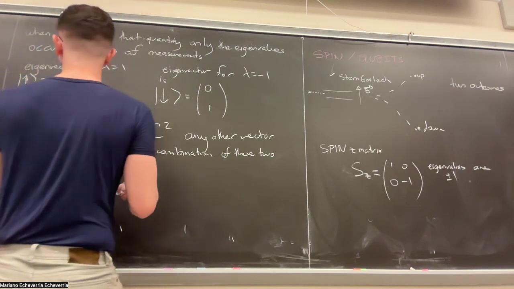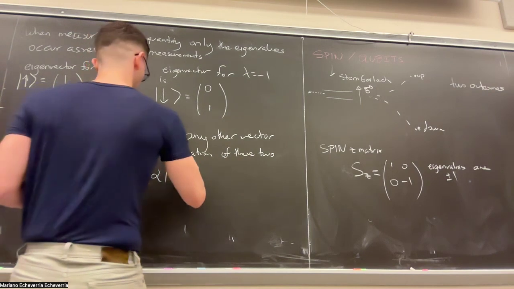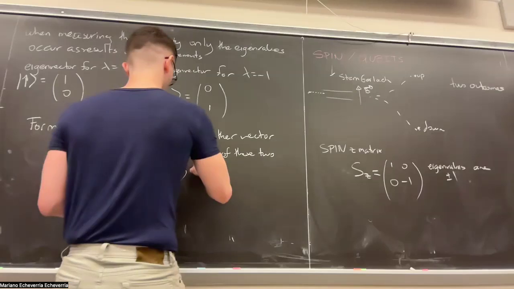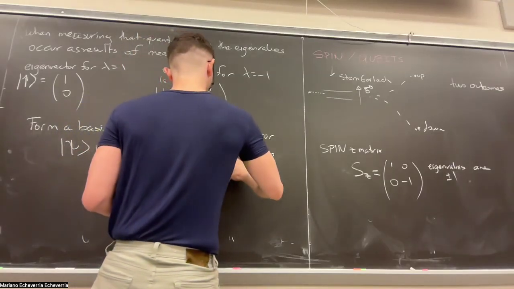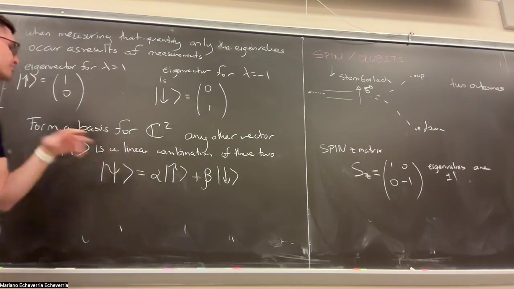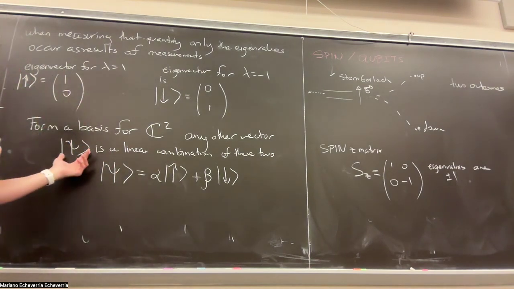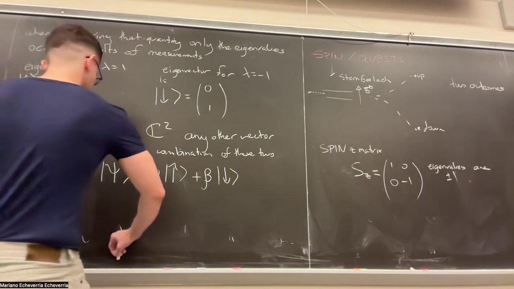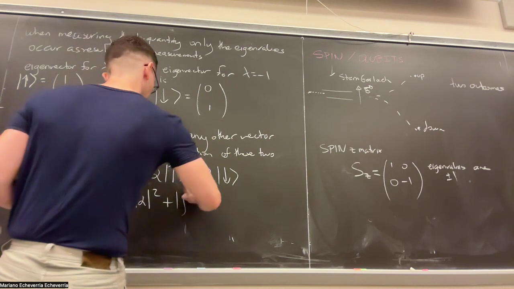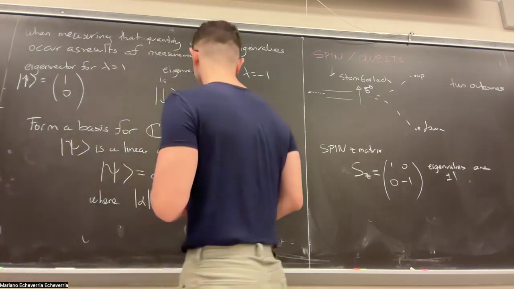Usually these coefficients are called alpha and beta. It's a normal convention to assume that these basis vectors have length 1, and it's also a standard convention to assume that the vector psi always has length 1. So you can just assume that this happens to be 1.